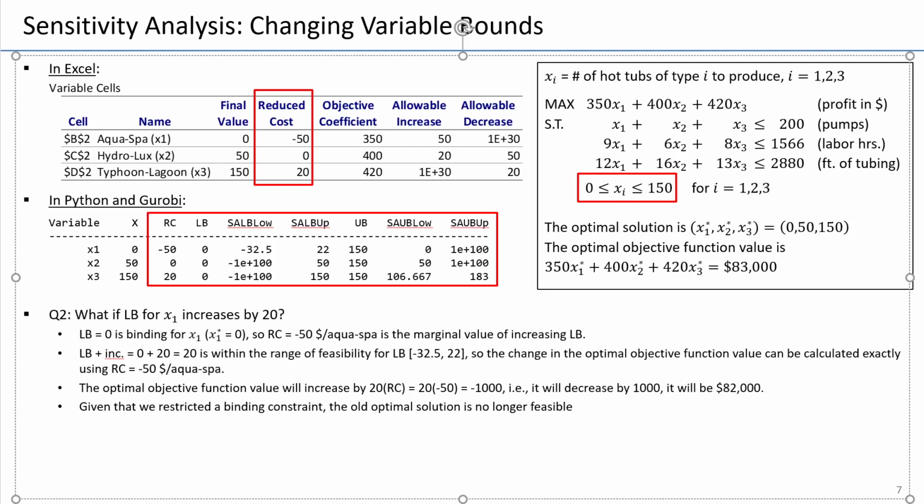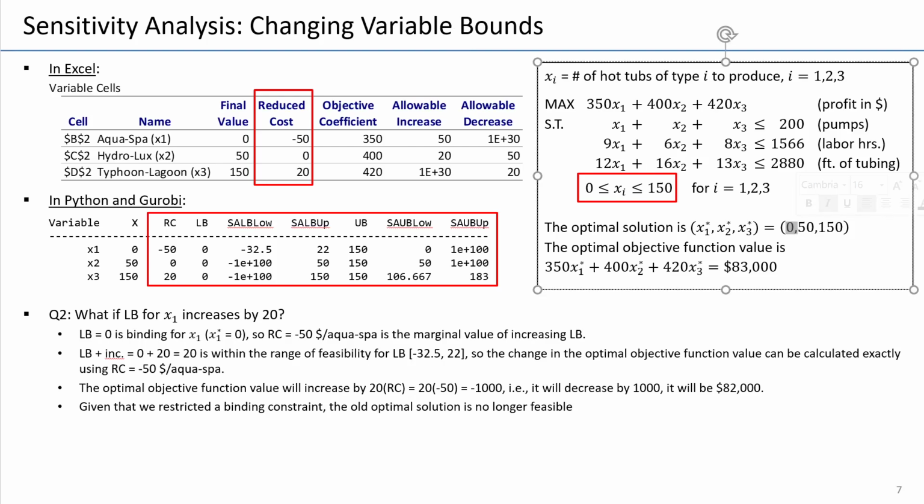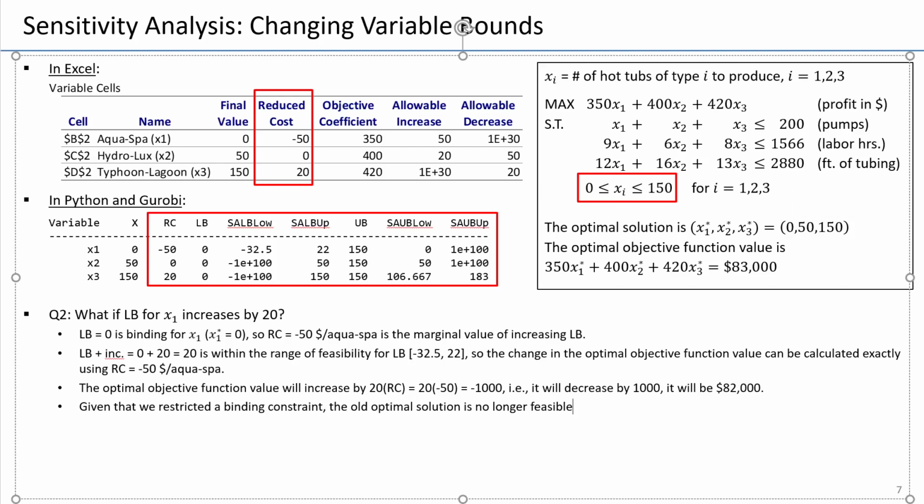Just for x1, the other lower limits remain 0. But the optimal value of x1 is 0, so it's no longer feasible, and so it is also no longer optimal. The optimal solution will change then.